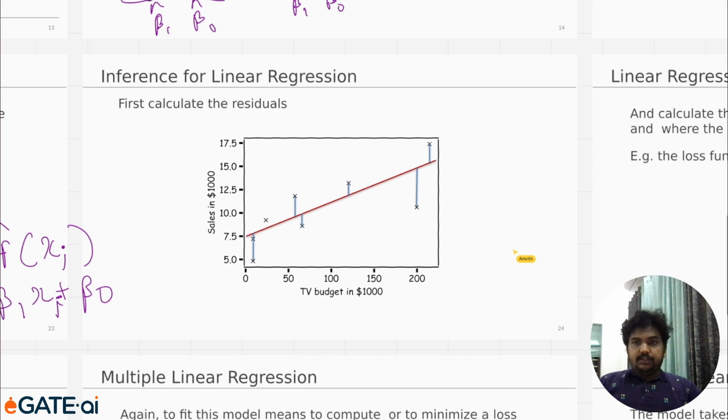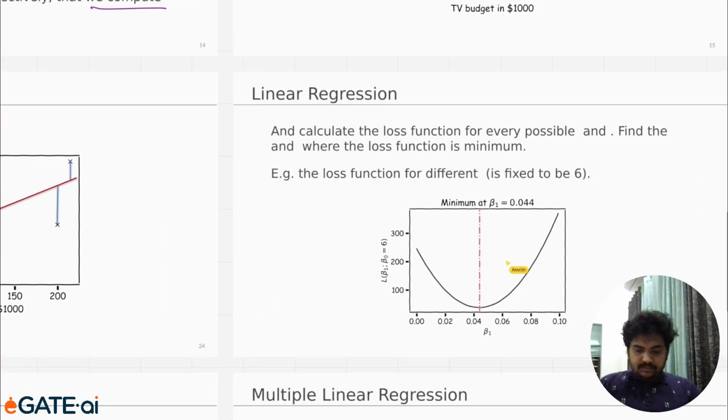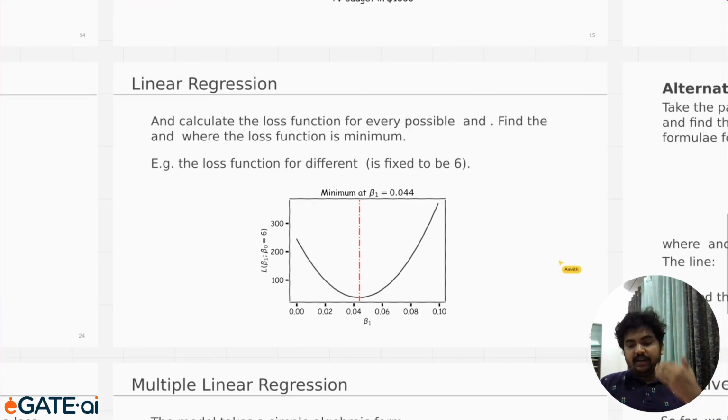We compute the residuals and then calculate the loss function for every possible beta 0 and beta 1. So what we are talking about here is basically an exhaustive search, exhaustively enumerating all possible beta 0, beta 1 combinations.